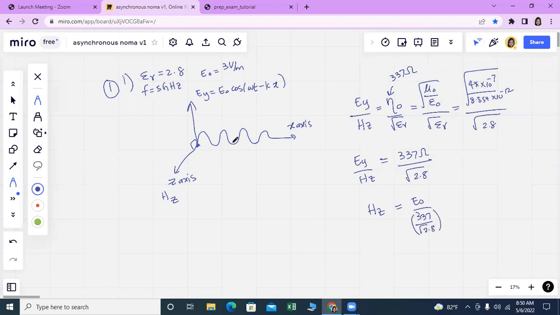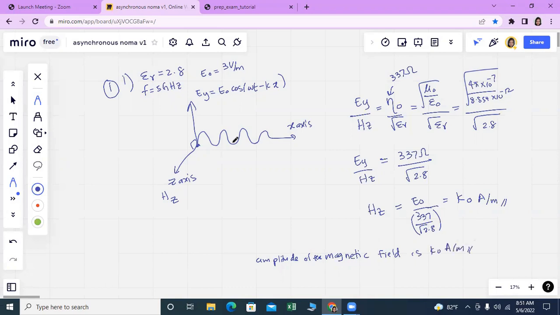Once you have a value for that, you can write the final value as maybe H naught. The unit of the magnetic field is amperes per meter. So finally, you can write that the amplitude of the magnetic field is H naught amperes per meter.